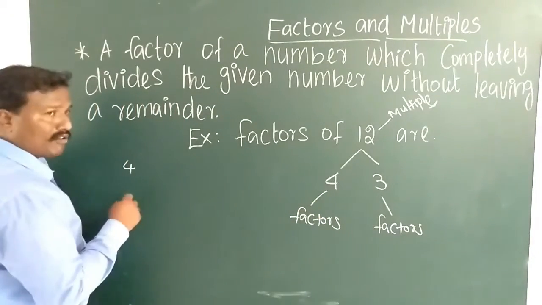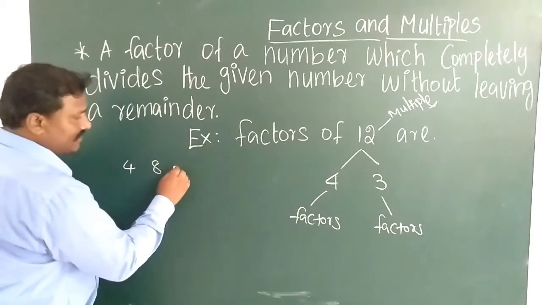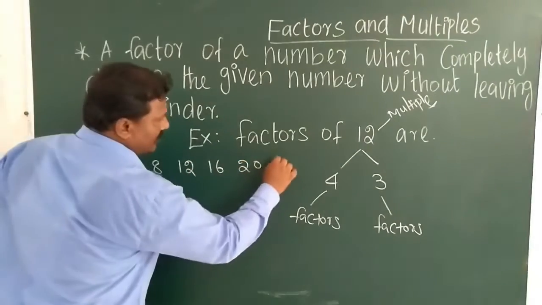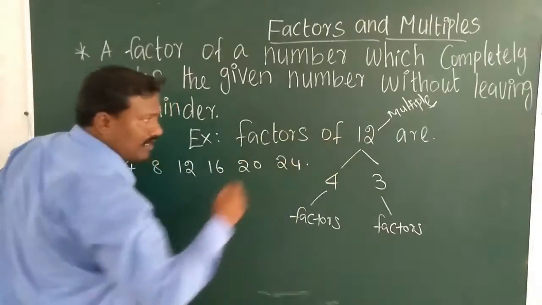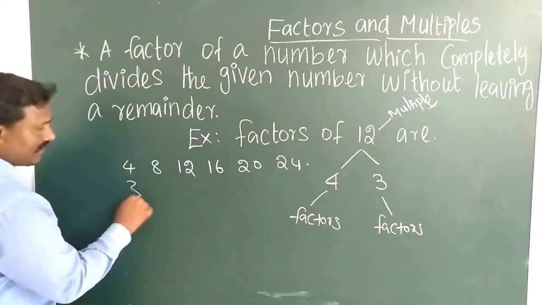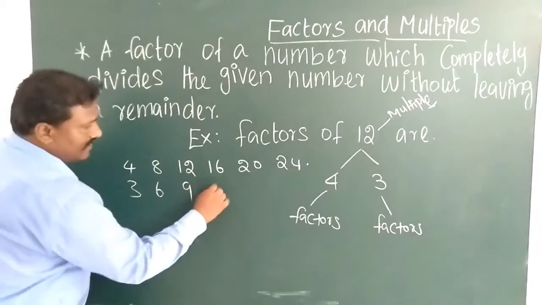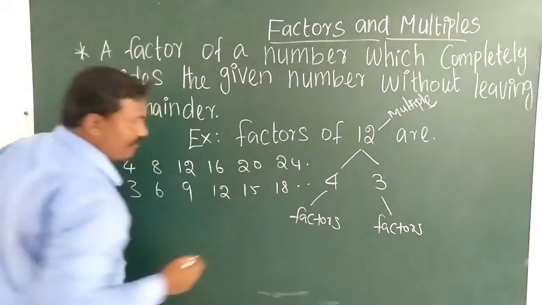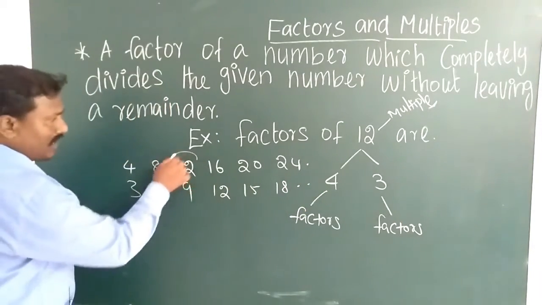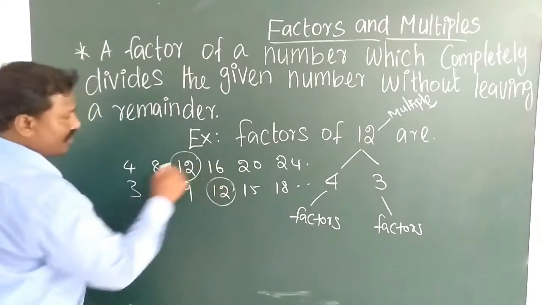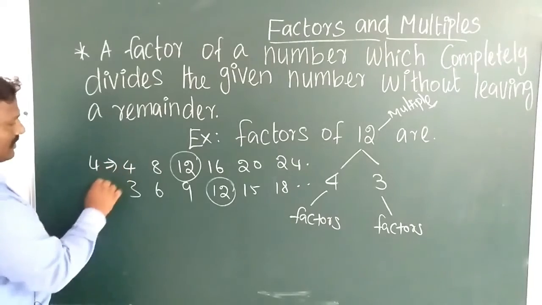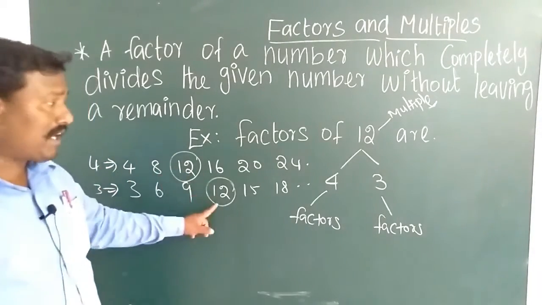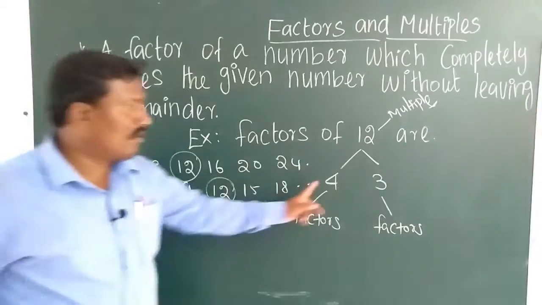What is the multiple of 4? 4, 8, 12, 16, 20, 24 and so on. What is the multiple of 3? 3, 6, 9, 12, 15, 18 and so on. If you see, 12 is a multiple of 4 and 3 also. This is a multiple of 4, this is a multiple of 3.